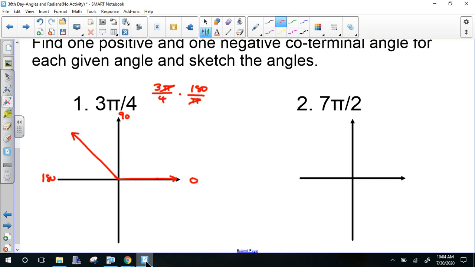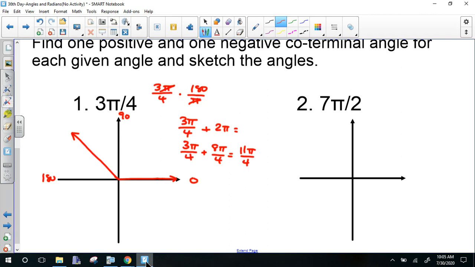Now I need to sketch one positive and one negative coterminal angle, or figure out what those are. Well, if I'm at 3 pi over 4, I'm going to add 2 pi to get the positive angle. Well, 2 pi is 8 pi over 4, so that would be 11 pi over 4.